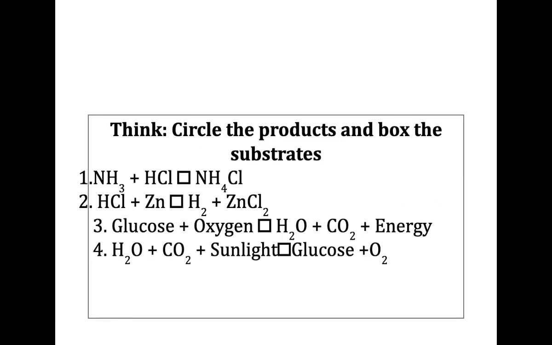Those boxes should actually be arrows, but they're not showing up because I went from a PowerPoint to Google Slides. All right, for number 4, what's the product? Glucose plus O2, because it's what comes after.